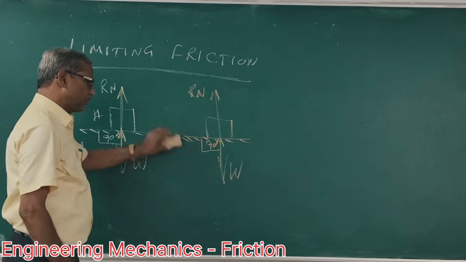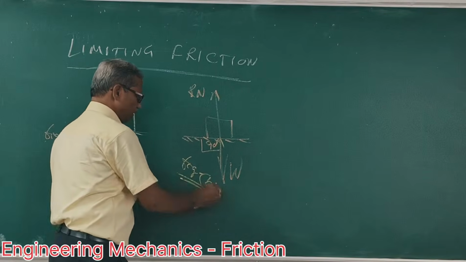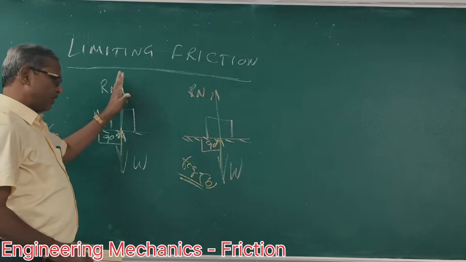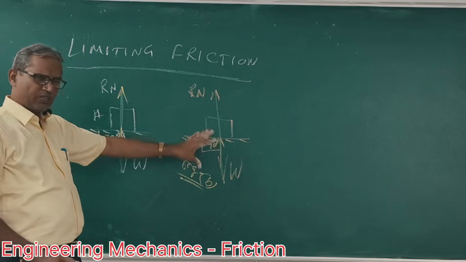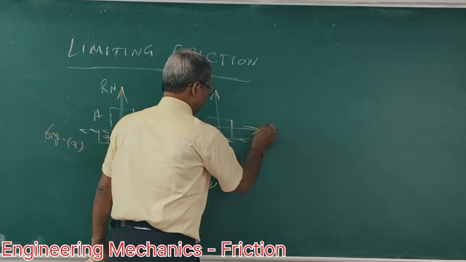So, this is figure B. Try to understand. In figure A, W is equal to Rn. In this figure also, W is equal to Rn. But I will apply some force P1.